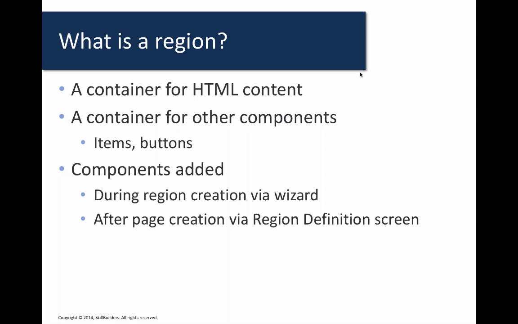It contains items or buttons or other regions, called sub-regions, and you can even have sub-regions within those. Those components are added during the region creation wizard or after the page has been created via the definition screen. So you can add extra regions to your page.